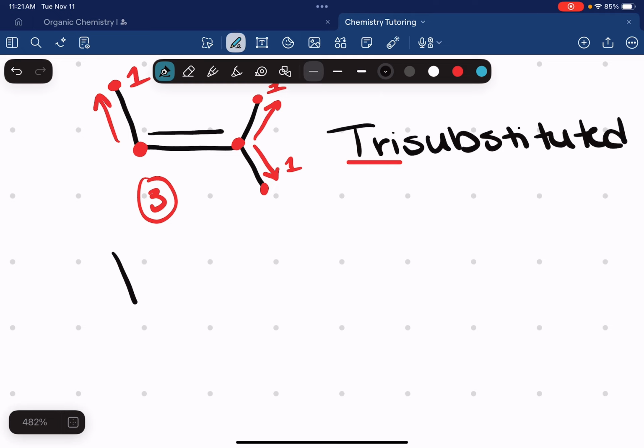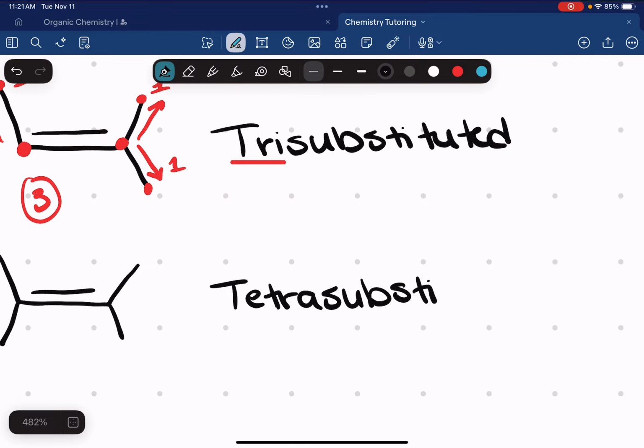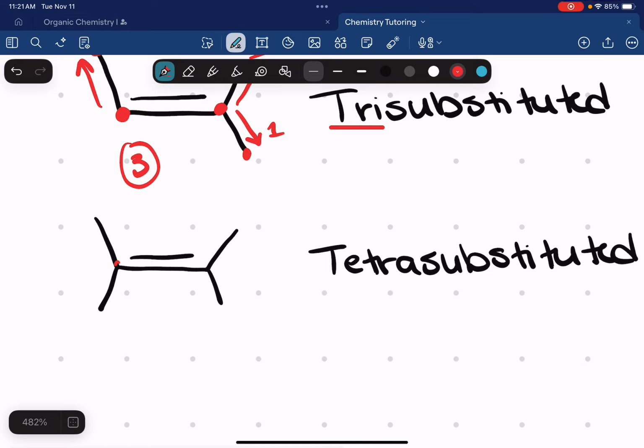And then the most stable you can get is tetra substituted. And when we look at this, the 2 carbons in the double bond are both connected to 2.